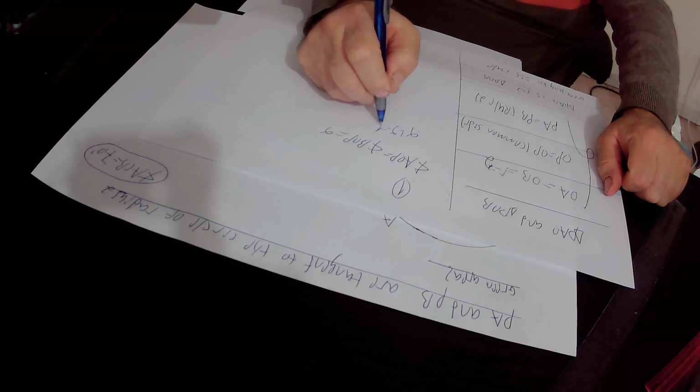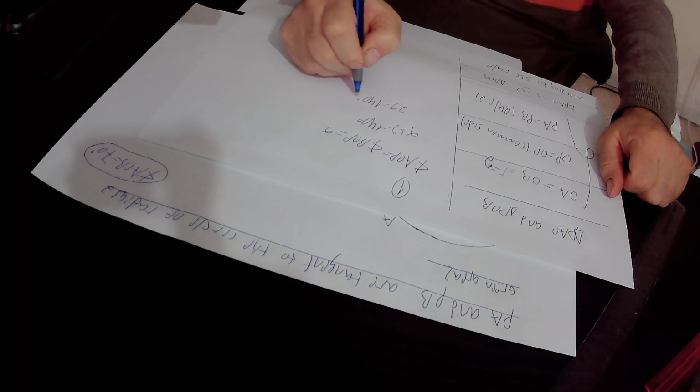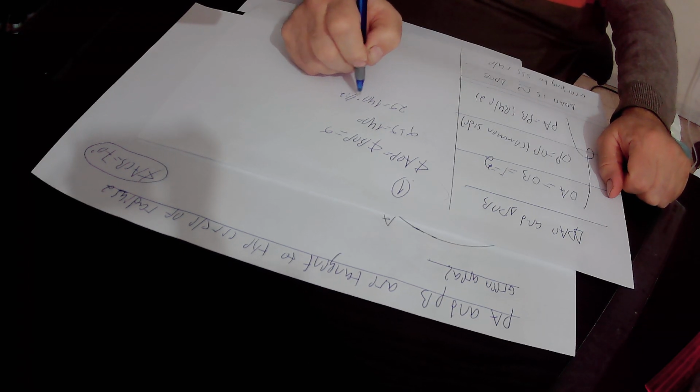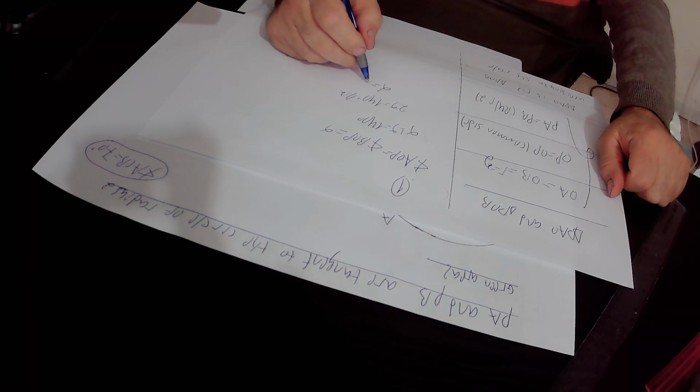Alpha plus alpha equals 140 degrees. That is to say, 2 alpha equals 140 degrees. We divide this equation by 2, and we get that the missing angle alpha equals 140 degrees over 2, which is 70 degrees.